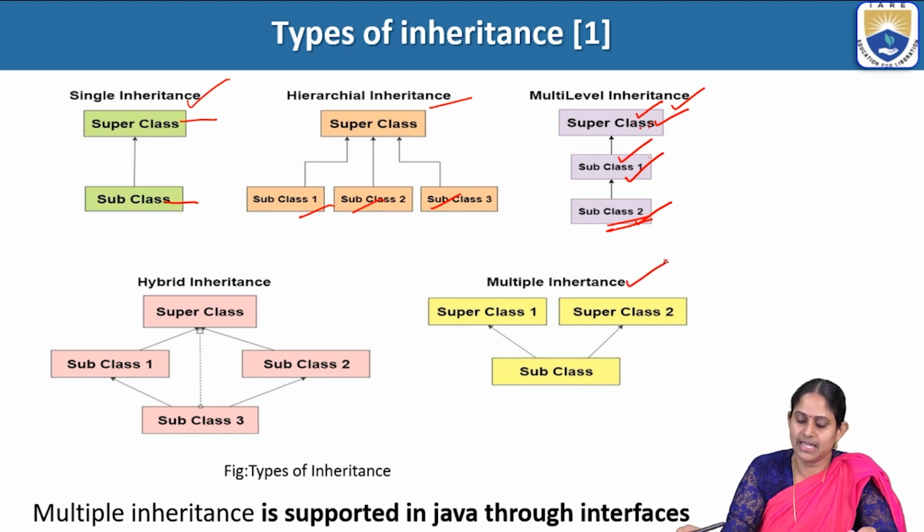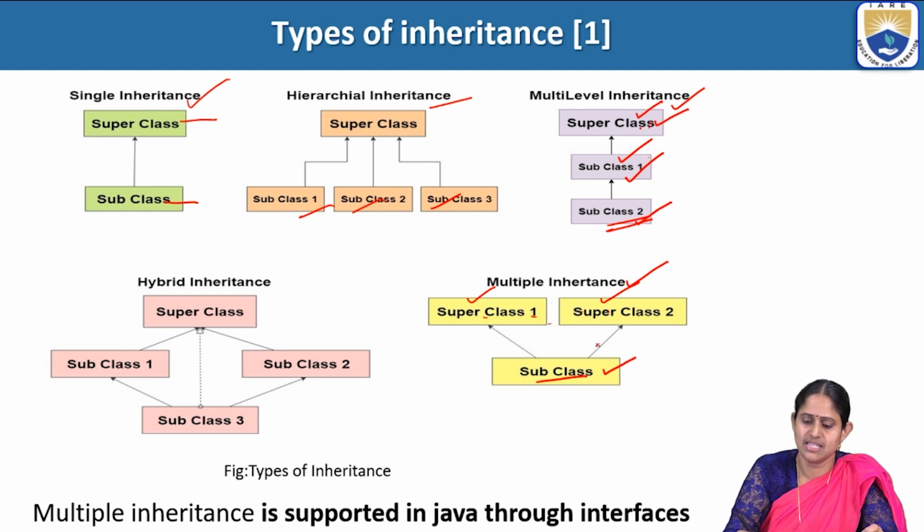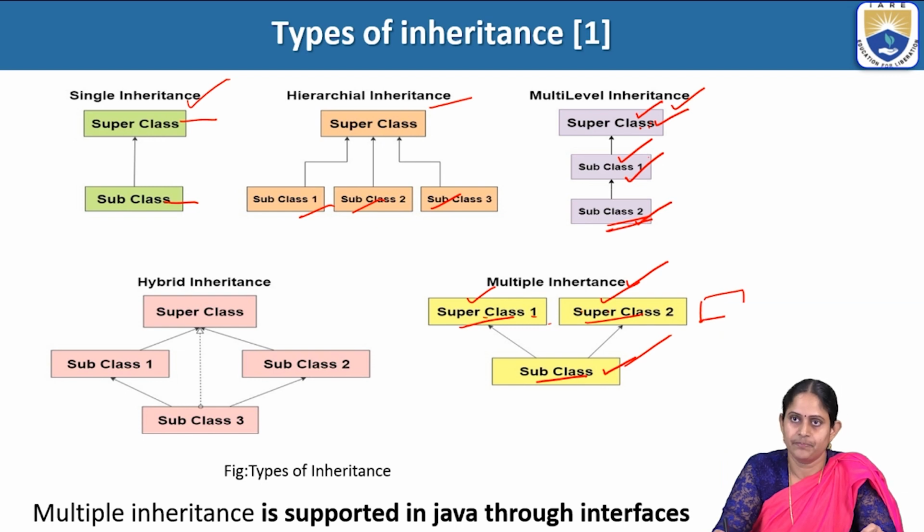Next is multiple inheritance, wherein multiple inheritance is achieved using interfaces, wherein there are two superclasses. So these superclasses will have methods which are abstract, and there will be another class which is implementing these two or more superclasses. So this subclass will obtain all the properties of the different superclasses.